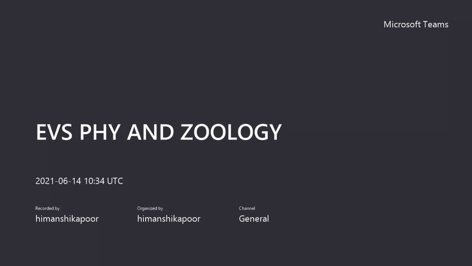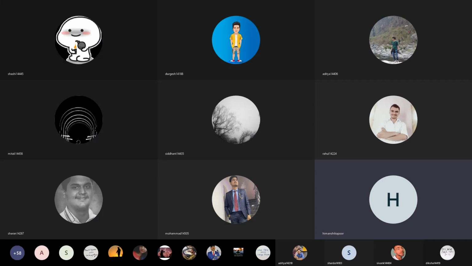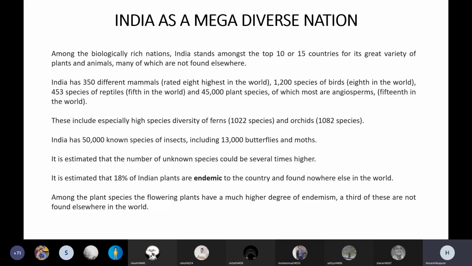Biodiverse nation. So we all know India is one of the 12 mega biodiversity countries in the world. It is divided into 10 biogeographic regions, and it has diverse physical features and climatic conditions. Due to this diverse nature of physical features and climatic conditions, India forms diverse ecological habitats.